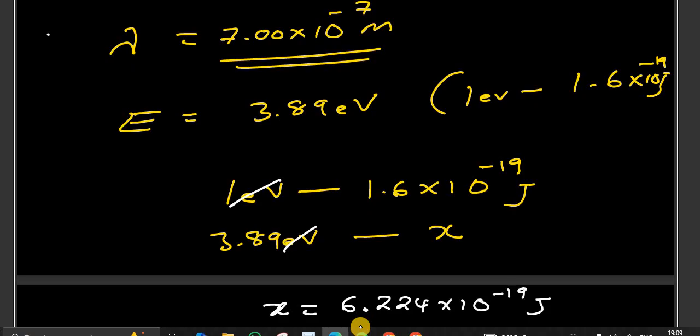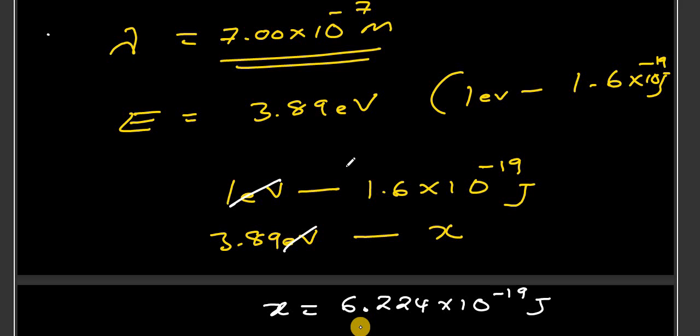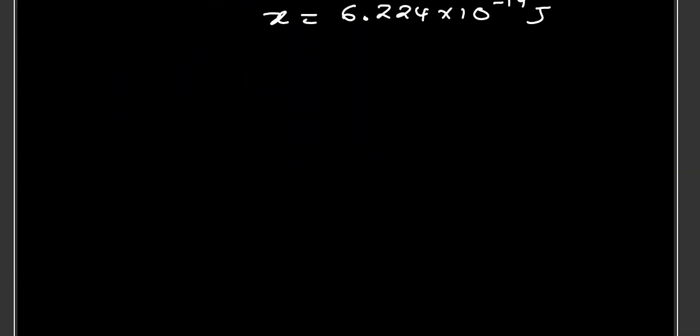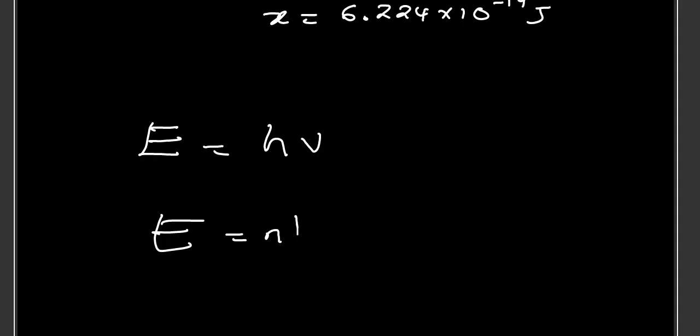So this is what we're getting. This is the energy that was needed. So now you need to know the equation you always use: energy is equal to Planck's constant times the frequency. This is just for one thing when it's moving. Now if you want to find it for so many things, you have to put the number in front. This is hv. You have seen this n I've put in front, okay?